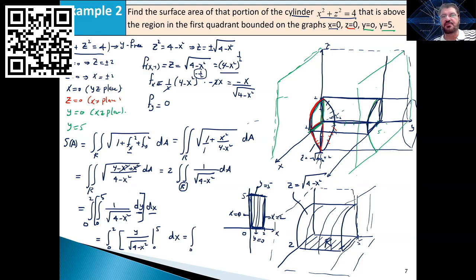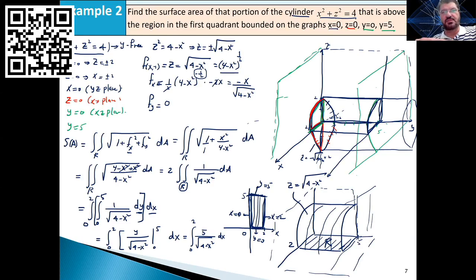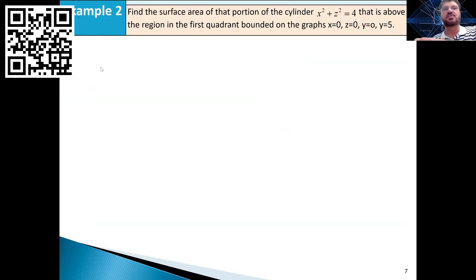So this is the integration from 0 to 2 of 5 divided by the square root of 4 minus x squared dx. I will take this one to the next page, the integration. So this is equal to the integration from 0 to 2 of, go back, what's on the top? 5 goes out. Let's make the 5 out. 1 over the square root of 4 minus x squared dx.